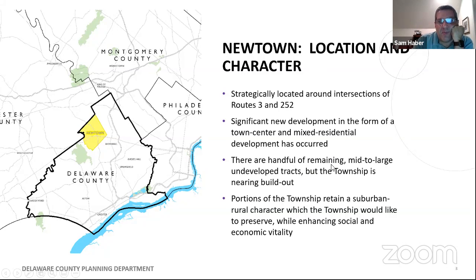There are a handful of remaining mid to large size undeveloped tracts, and those are identified on the map that Ann provided, the open space preservation priority tracts. Overall, portions of the township retain a suburban rural character, which the township would like to preserve while continuing to enhance social and economic vitality.